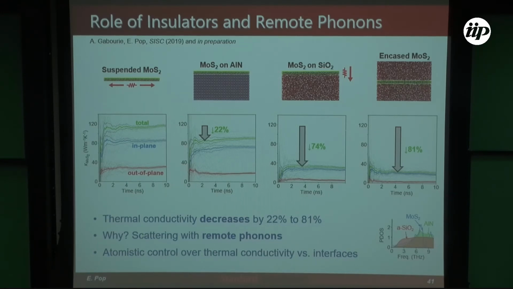And the other good news is that maybe this doesn't actually matter that much, because remember I argued earlier that it's really the thermal interface resistance between the MoS2 and whatever the dielectric is that probably matters more, especially in transistors. So some of this is ongoing work.